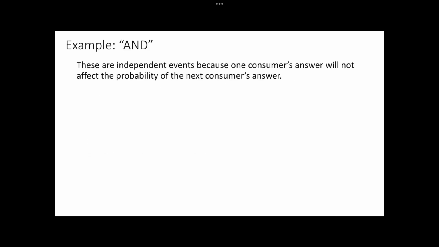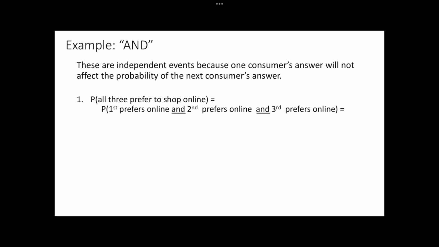So these are independent events because one consumer's answer is not going to affect the probability of the second or third consumer's answer. So the probability that all 3 prefer to shop online is the probability that the first prefers to shop online, and the second prefers to shop online, and the third prefers to shop online. Since these are independent, I can just multiply the probabilities on each draw that I get someone that prefers to shop online.